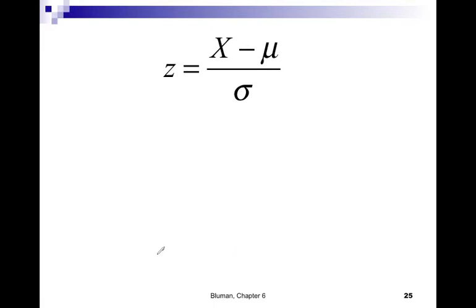If we multiply both of these sides by sigma, over here, sigma, which is sigma over 1, this cancels out to be 1. And so you have z sigma, z times sigma, equals x minus mu. Now I want to know how to get the score, so you add mu to both sides.